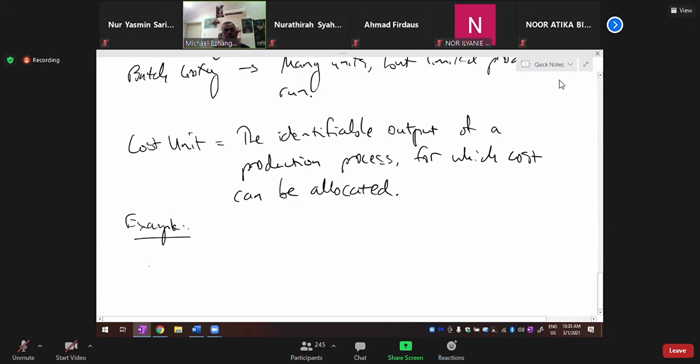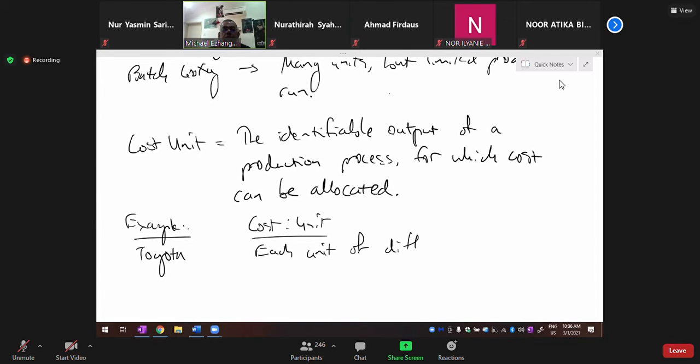Let's say you're talking about Toyota. The cost unit will be each unit of different model made.